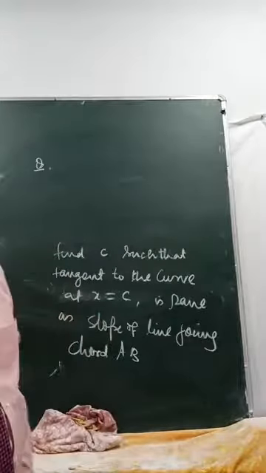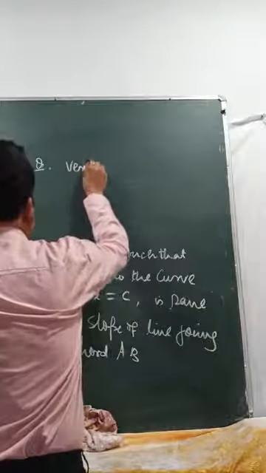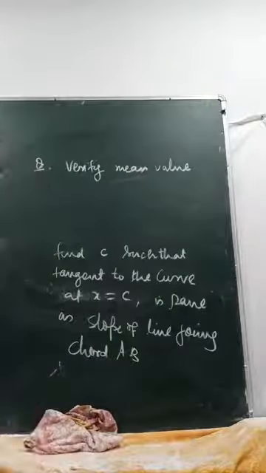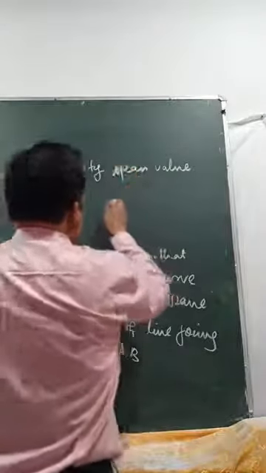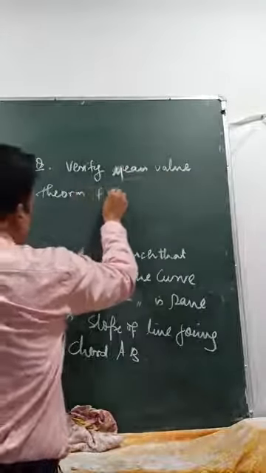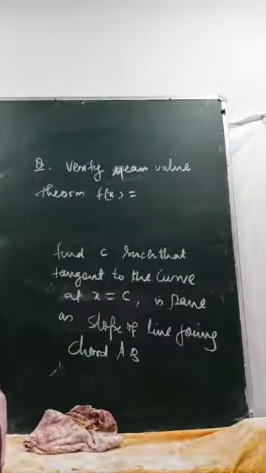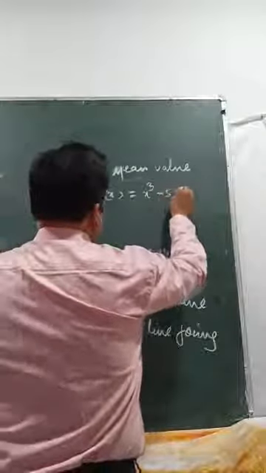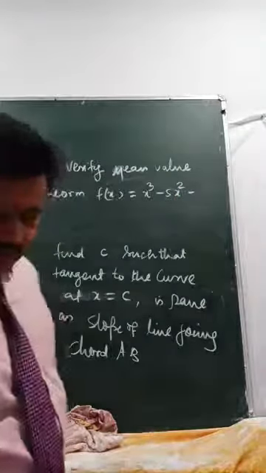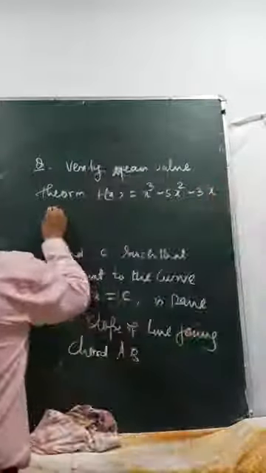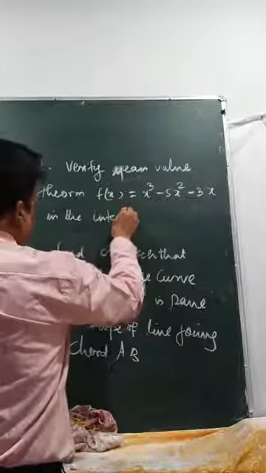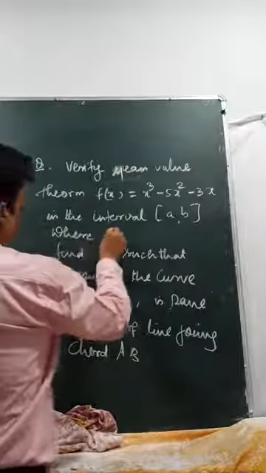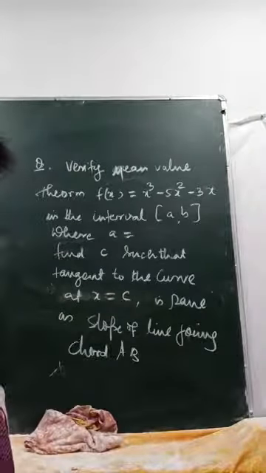Verify mean value theorem for f(x) equals x cube minus 5x square minus 3x in the interval [a, b], where a equals 1, b equals 3.